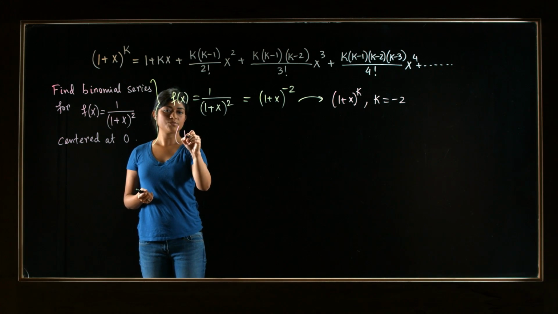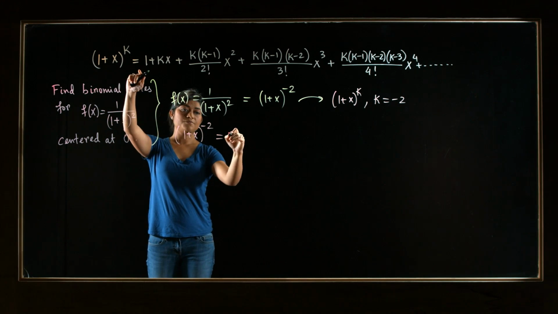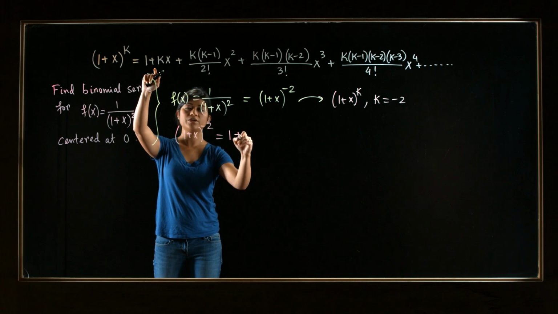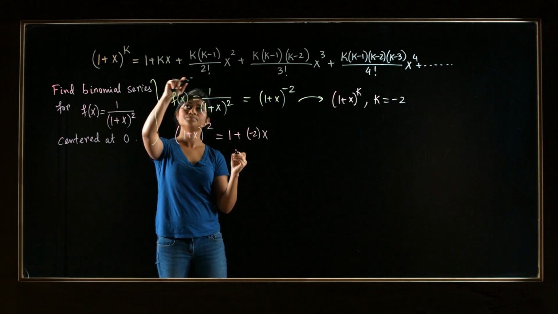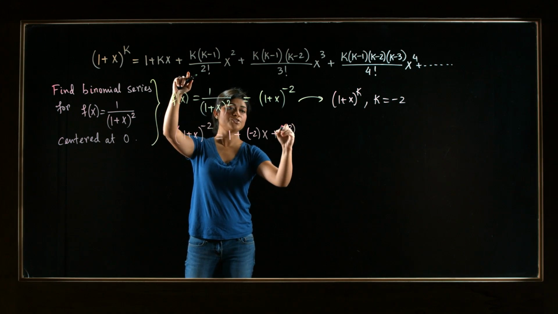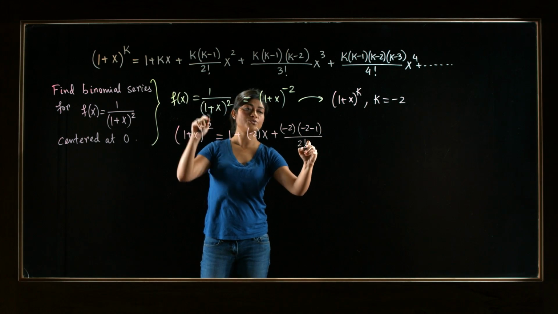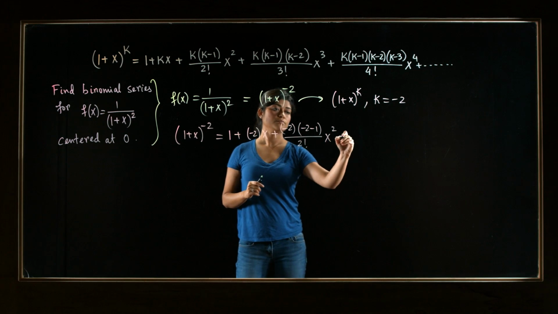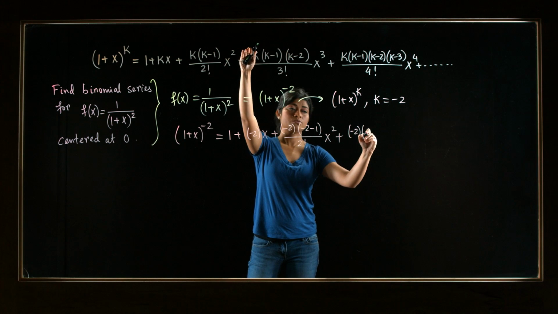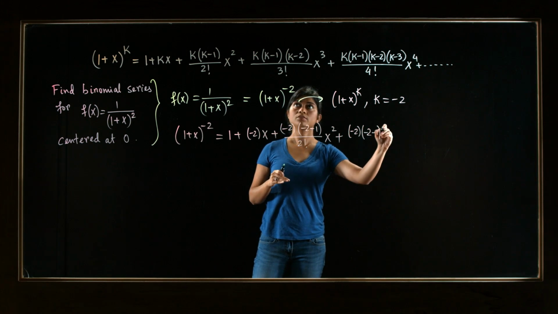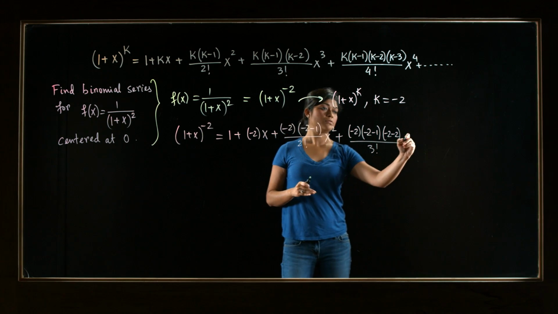So let's see. (1 plus x) to the power negative 2 will be equal to, the first term is 1. Second term, we have k times x, but k is negative 2, so negative 2 times x. Then we have negative 2 times negative 2 minus 1 over 2 factorial, x squared. Fourth term, negative 2 times negative 2 minus 1 times negative 2 minus 2 over 3 factorial, x cubed.